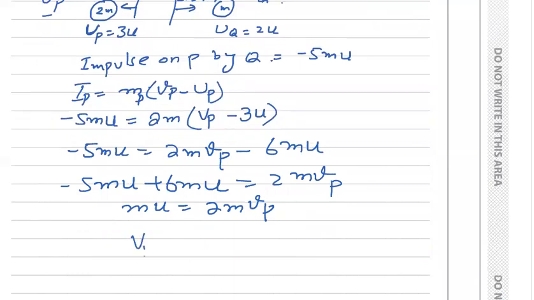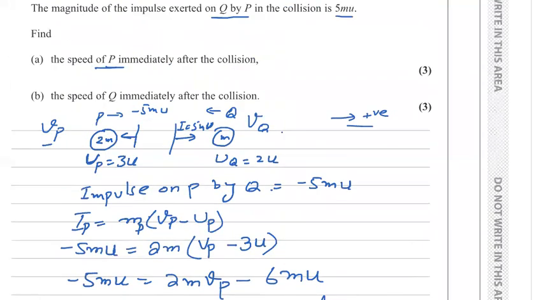So finally Vp will be equal to mu over 2m. m will cancel with m, and we will have 1 over 2 u. It means the speed of P after the collision is u over 2. So our first part is done.